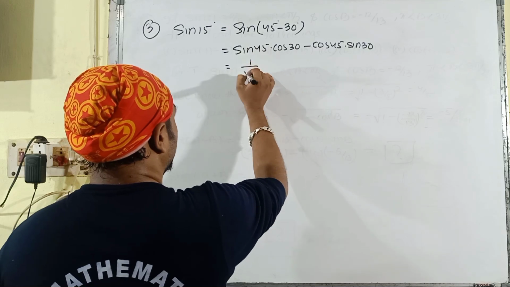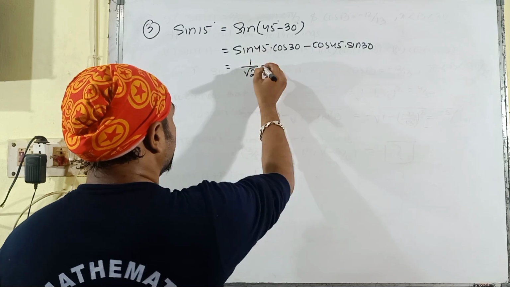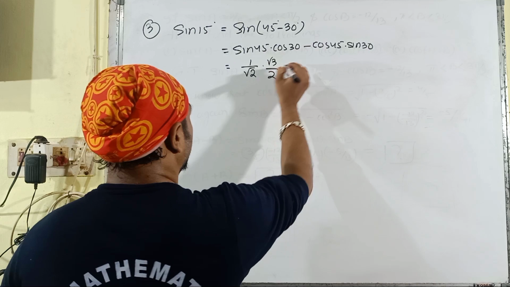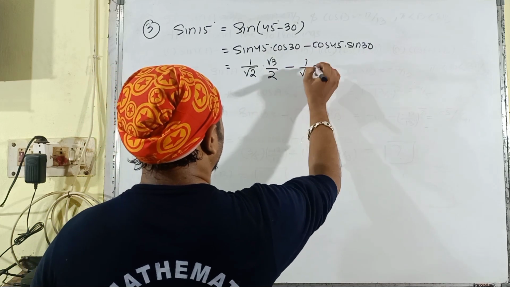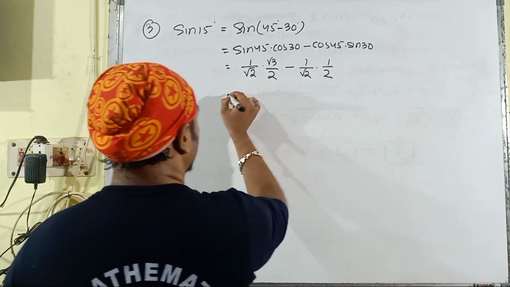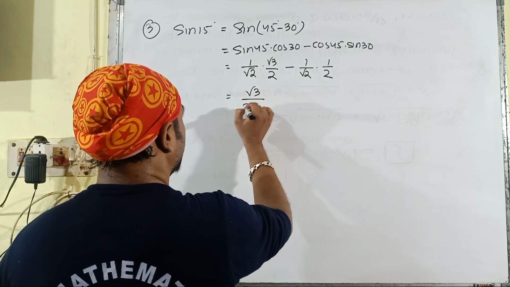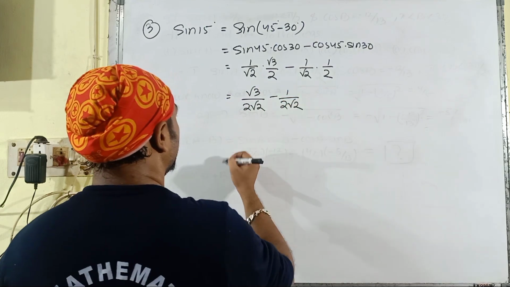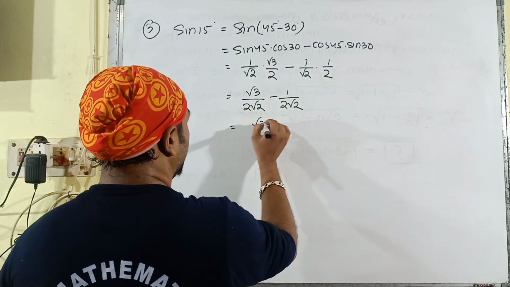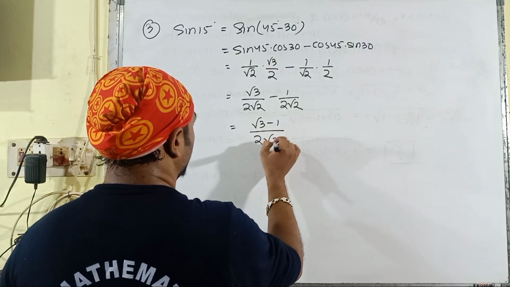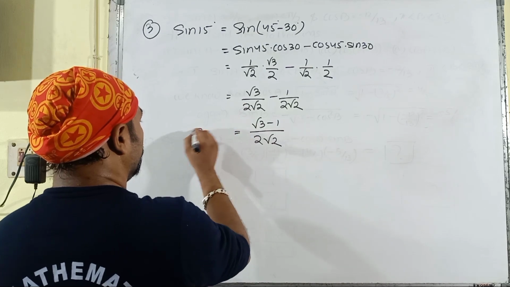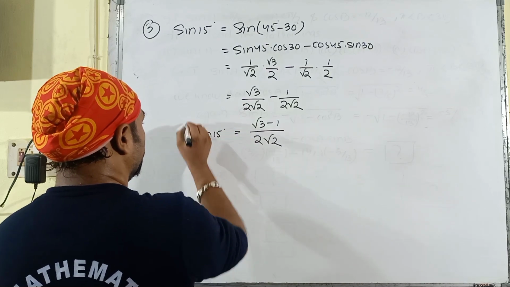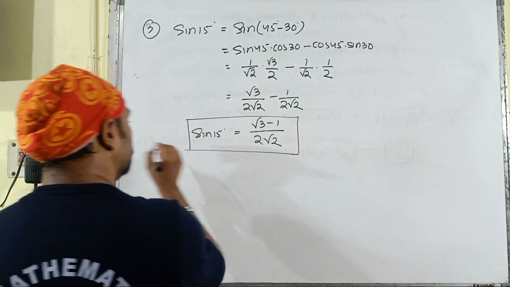Sine 45 is 1 by root 2. Then it is root 3 by 2 minus 1 by root 2 into 1 by 2. So it will be root 3 divided by 2 root 2 minus 1 divided by 2 root 2. And this will be (root 3 minus 1) divided by 2 root 2, and this is the value of sine 15 degree.